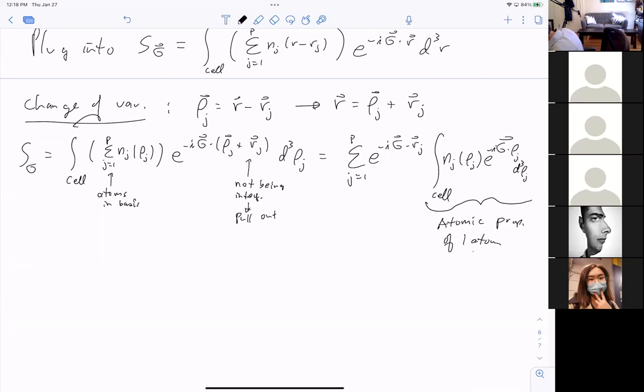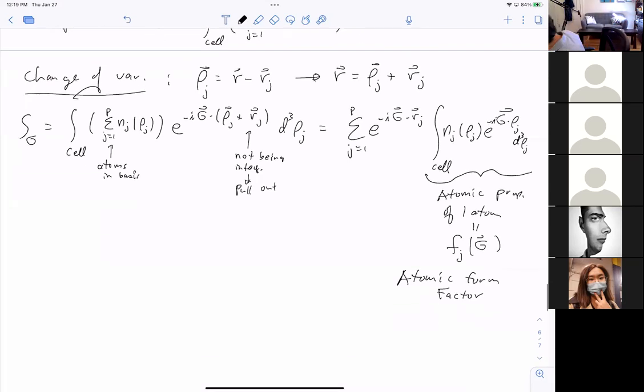And so this thing ends up getting called F sub j for the jth atom, F sub j of g, and I'm going to call it the atomic form factor. And it's really cute because if you think about it, that's just Fermi's golden rule, or the Born approximation for a single atom. That's basically the expression you'd get if you analyze scattering from a single atom.